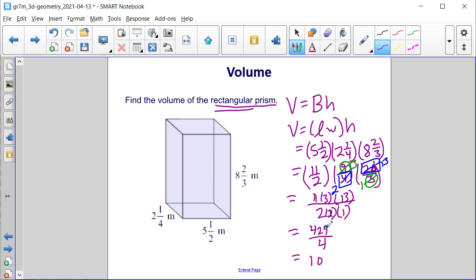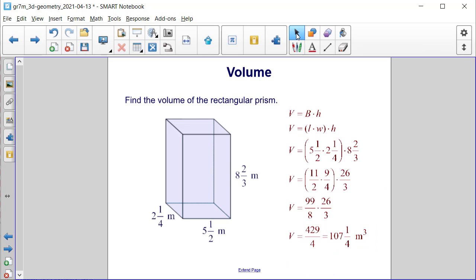And then 4 can divide into 29 7 times. That'll give me 28 with 1 left over. So we have 107 1/4 cubic meters for the volume of this rectangular prism. And as we can see on this slide, we do still get 429 over 4, which converts to 107 1/4 cubic meters as our solution.